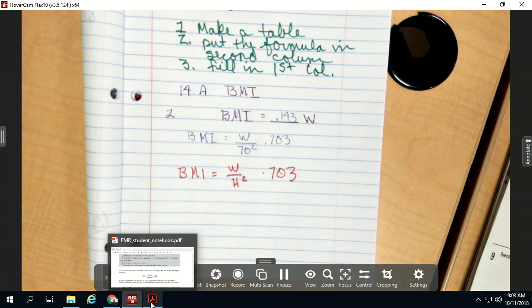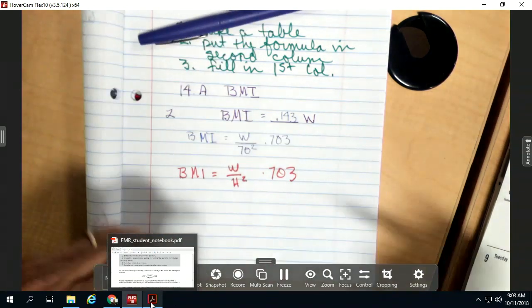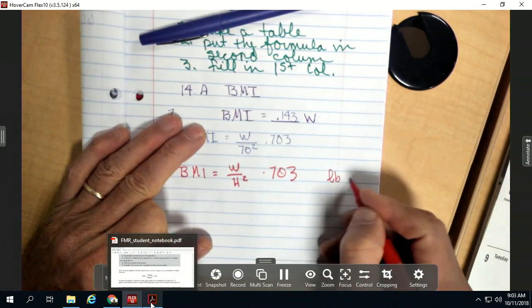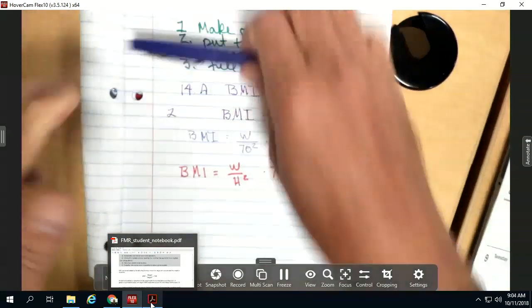In fact, we would probably call that a coefficient, even though it's at the end. And the reason for that coefficient has to do with, this is the pounds and inches way of calculating it.